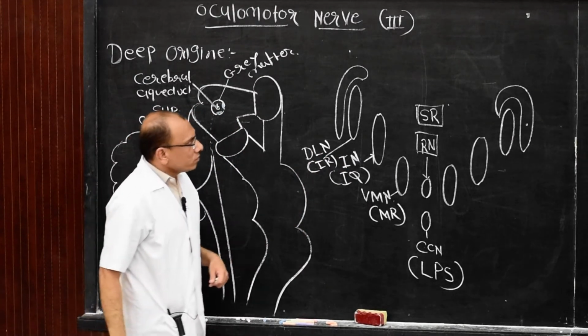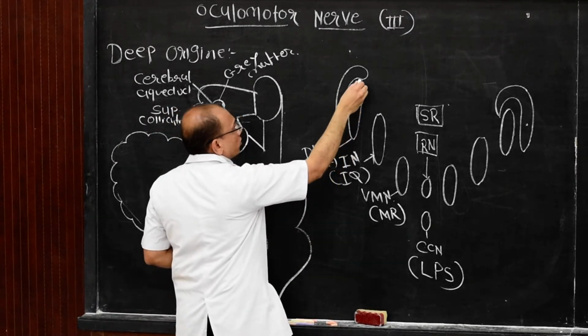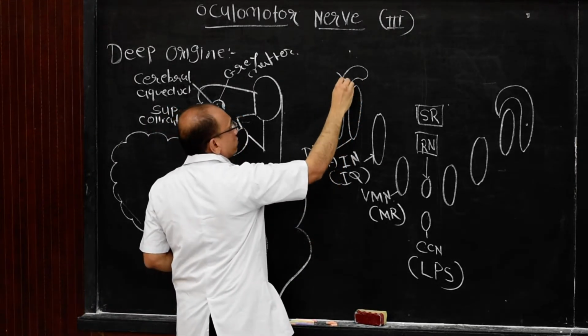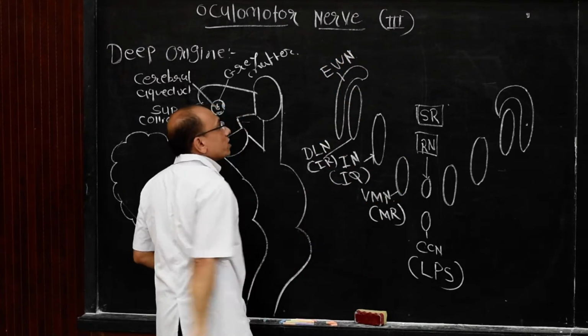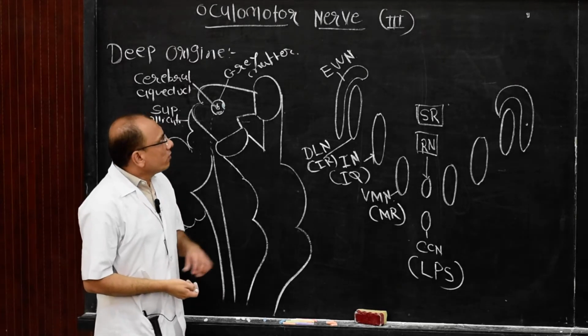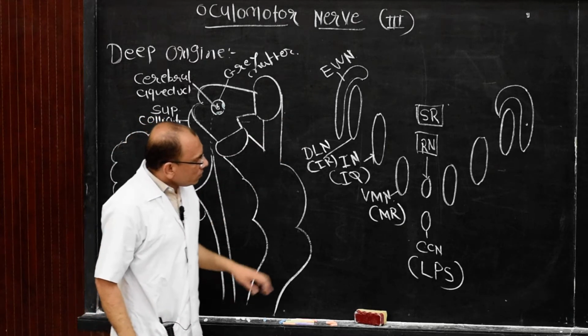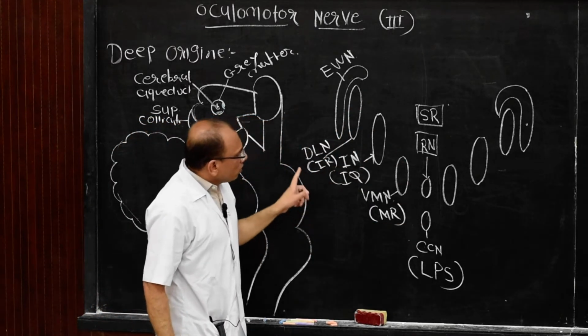And dorsal to the dorsolateral nucleus, this one is the Edinger-Westphal nucleus.